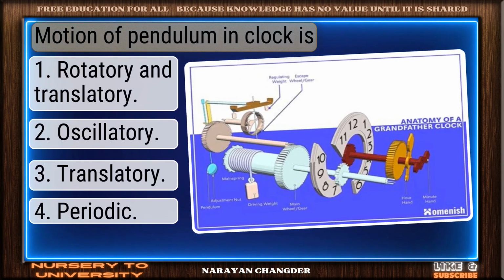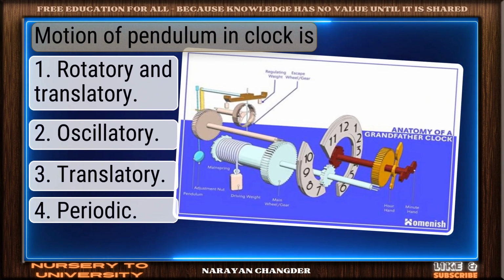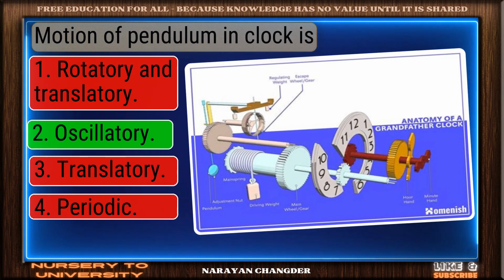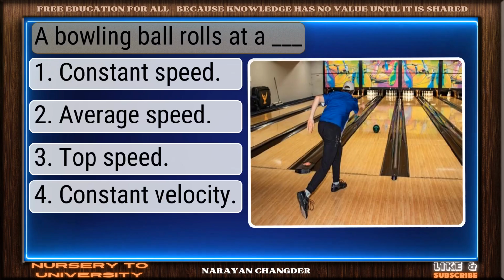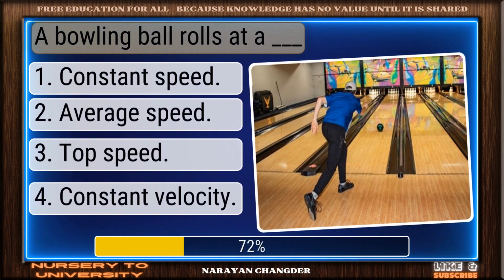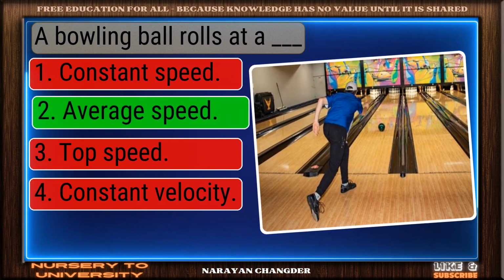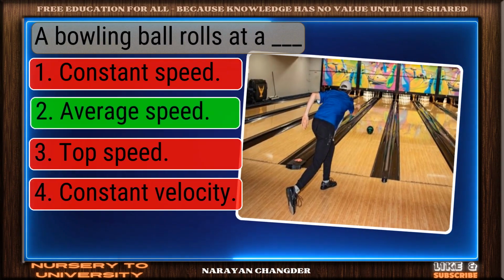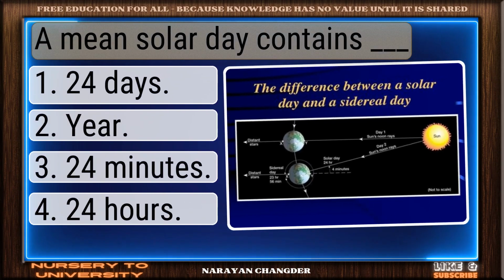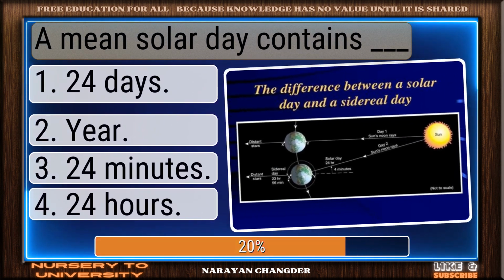Question number 202. Motion of a pendulum in a clock is? Solid response. Oscillatory is a valid choice. Question number 203. A bowling ball rolls at a dash. Well reasoned. Average speed is the correct choice. Question number 204. A mean solar day contains dash.